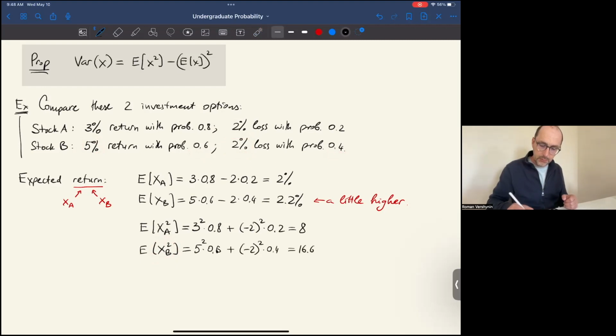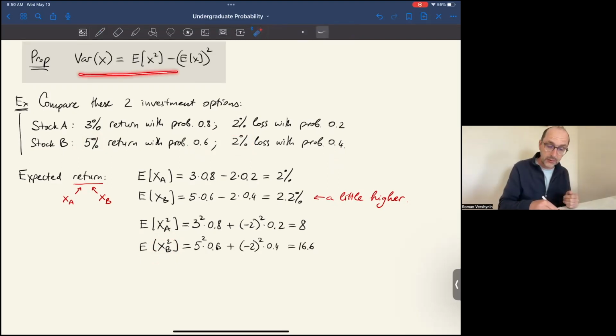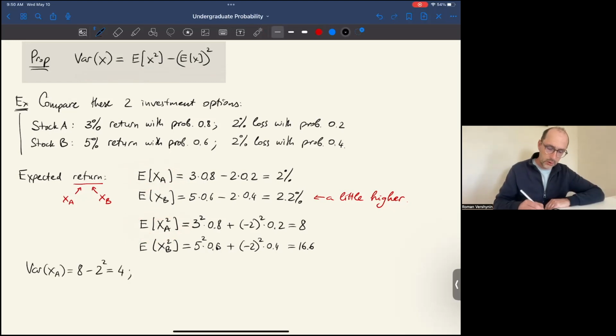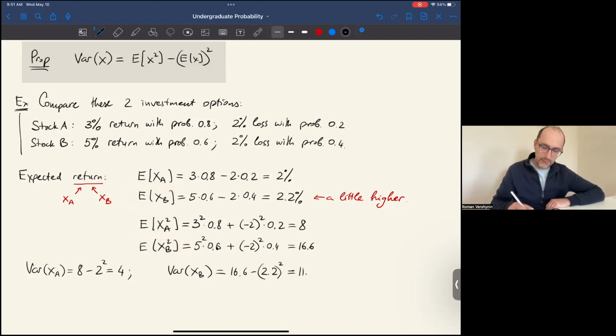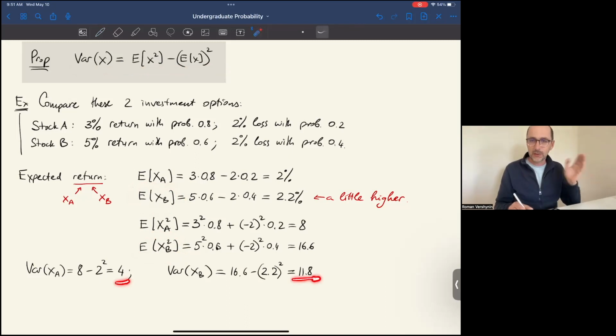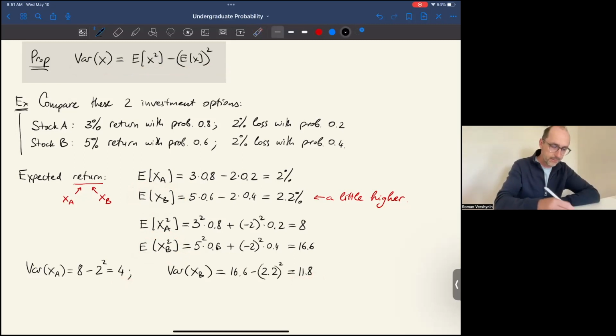And we get 16.6. So according to this formula, the variance of XA is this number minus this number squared, which is 4. And similarly, the variance of XB, according to this formula, is this number minus this number squared, which is 11.8.